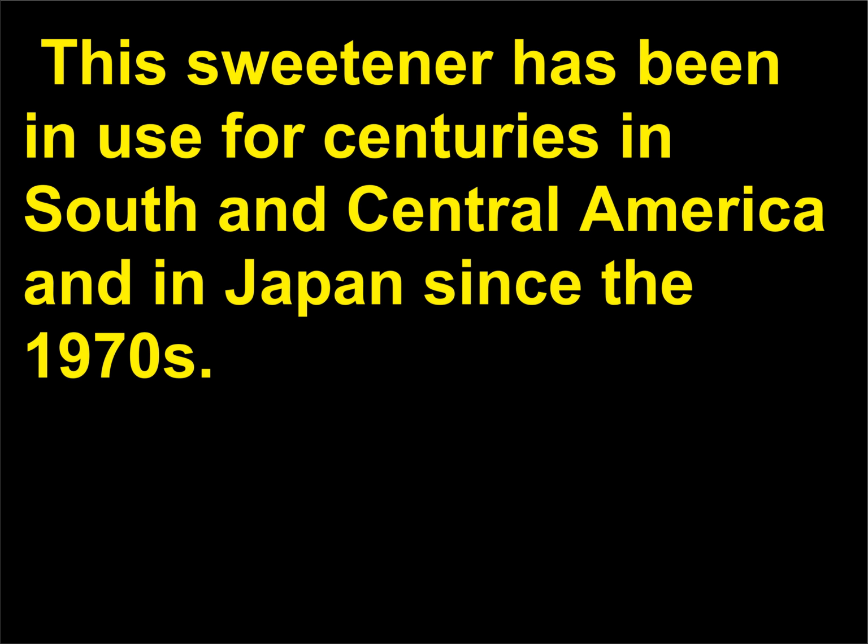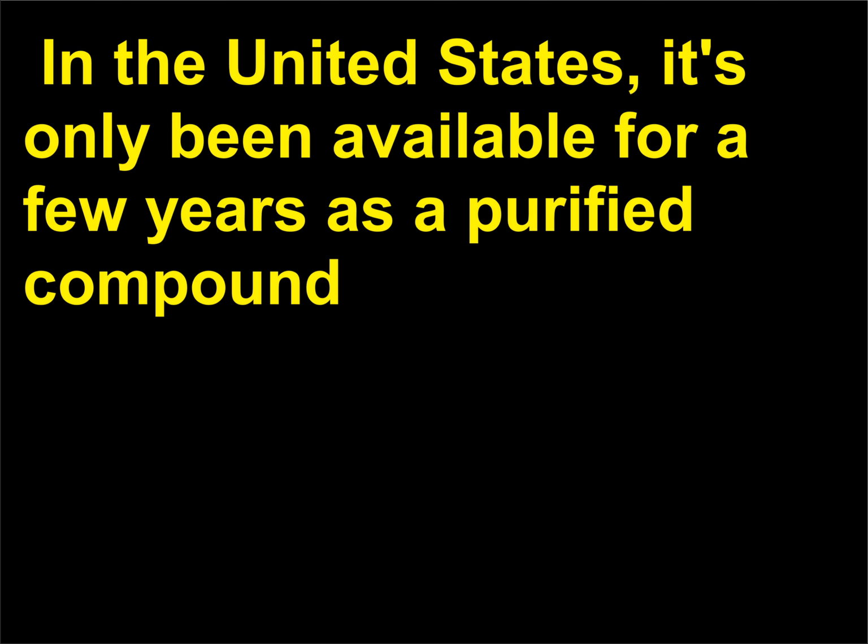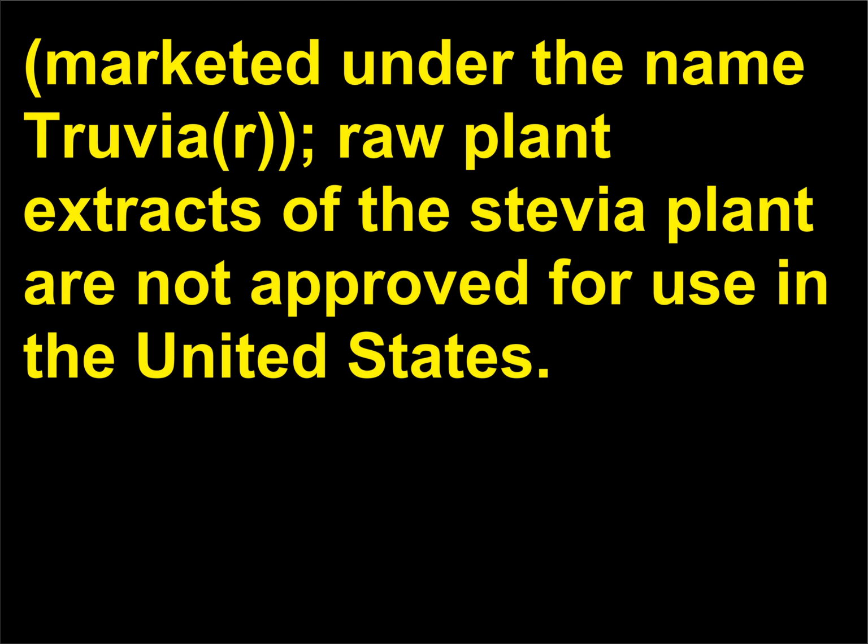This sweetener has been in use for centuries in South and Central America and in Japan since the 1970s. In the United States, it's only been available for a few years as a purified compound. Marketed under the name Truvia, raw plant extracts of the stevia plant are not approved for use in the United States.